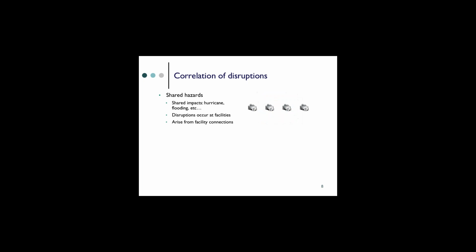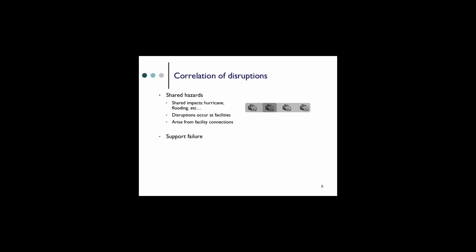In this pattern, the disruption occurs directly at these facilities. And the reason why there is correlation is that several facilities may be disrupted simultaneously, and we cannot treat them independently or separately. So there's correlation in this system.